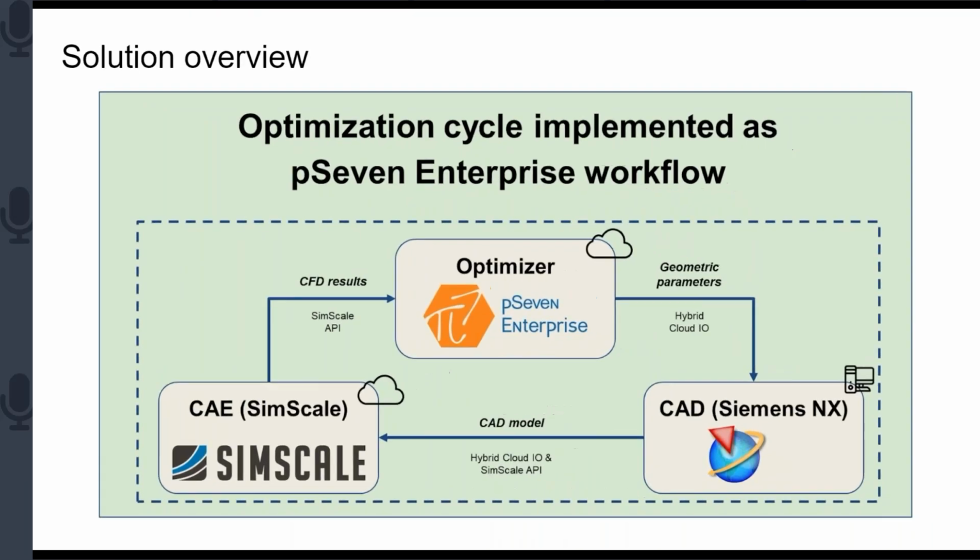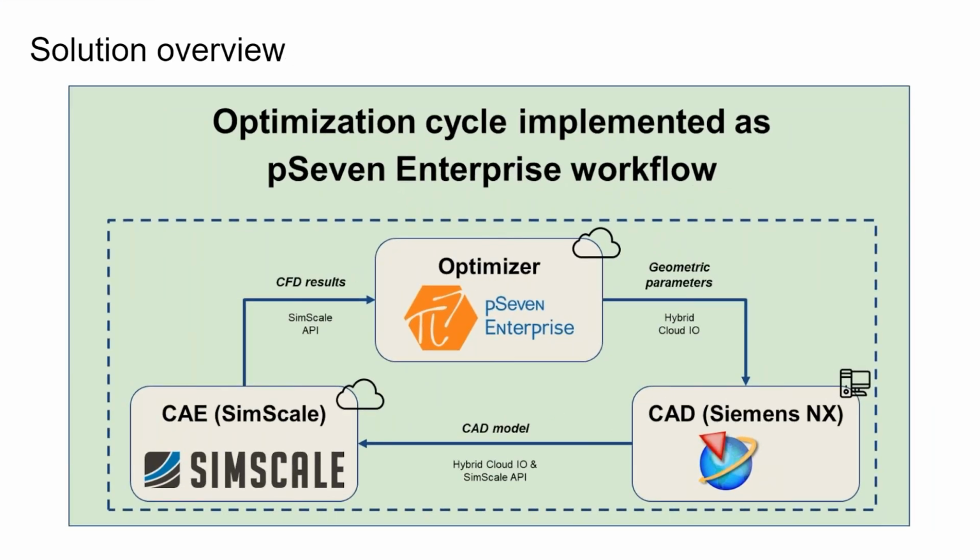Here the overall structure of the prepared solution is demonstrated on this slide. pSeven Enterprise was used as a cloud-based platform for the optimization workflow creation. On each iteration of the optimization cycle, a classic sequence of CAD and CAE was executed.